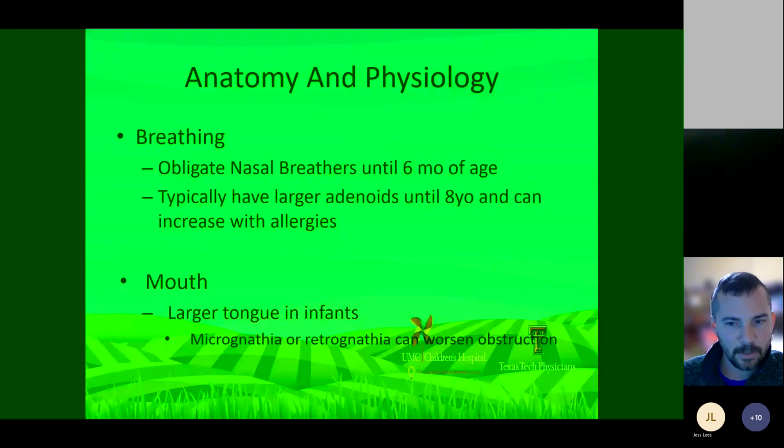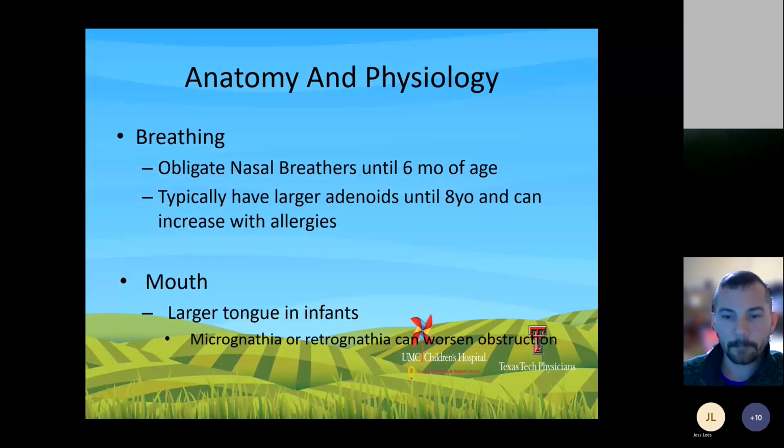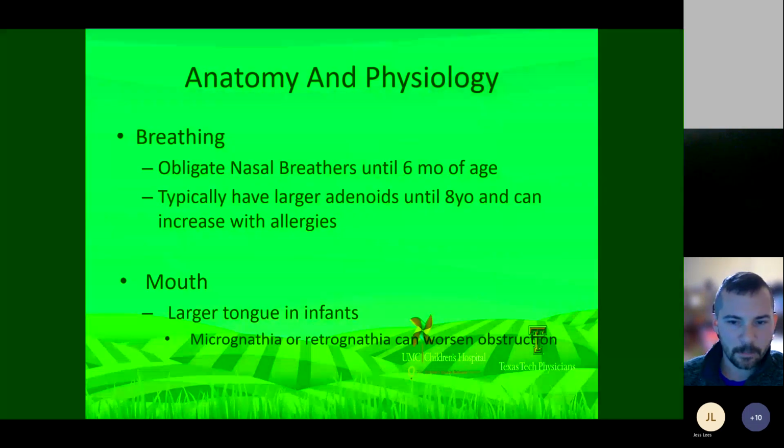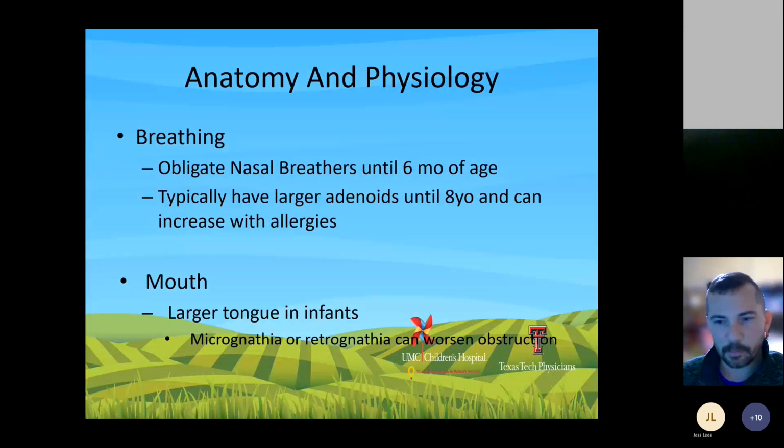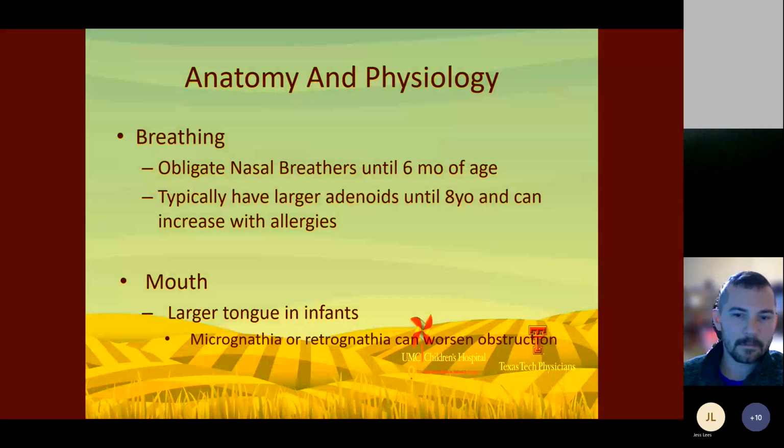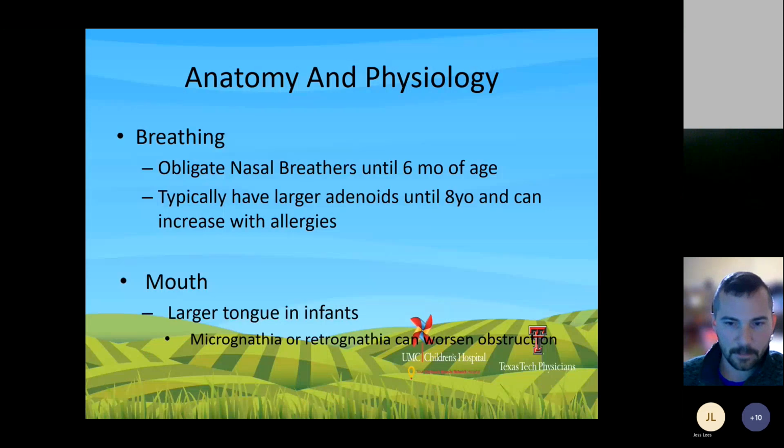So obviously, in doing so, their mouth is full, and they need to breathe. And so it's very important that after birth, we suck out that nose and get things going. It's the same with our infants as they come in to the emergency department or your pediatric floor, wherever you practice, to ensure that that airway is open for them to breathe.